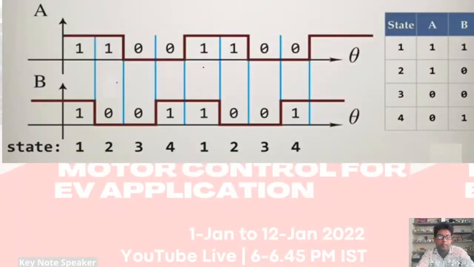Now you see the same way, so the sequence, this is for the outermost track and this is the inner track. So first is 1 1, both are high.